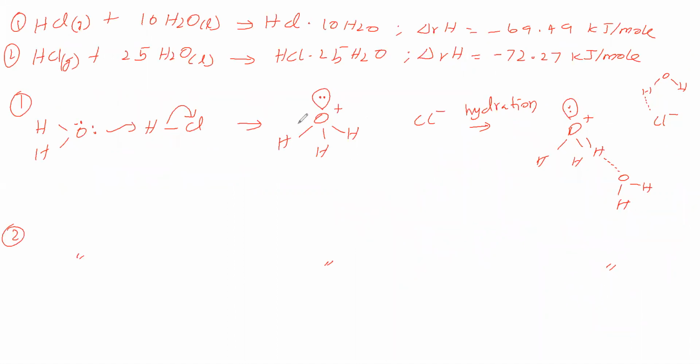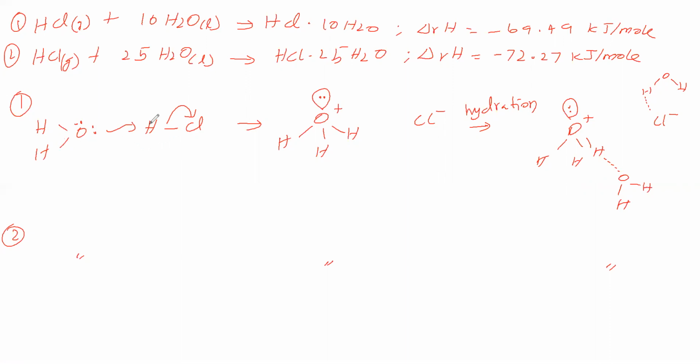Now we take the first process with 1 mole of HCl gas, and the second also 1 mole of HCl gas. In the first case, water makes a dative bond with the hydrogen of HCl.